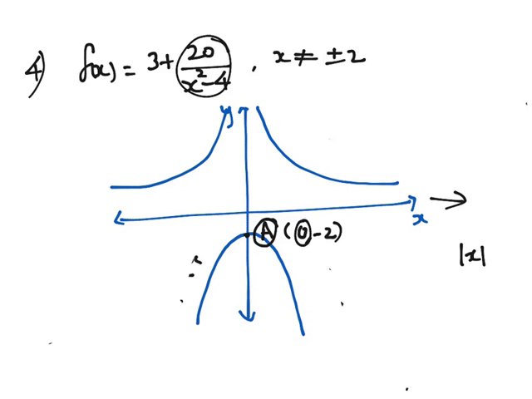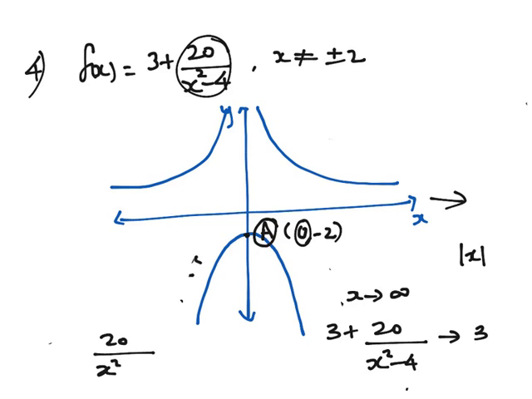Very simple. You can see that as x tends to plus infinity or minus infinity, f of x, that is 3 plus 20 by x square minus 4, will tend to 3. Why is that? Because 20 by x square minus 4 will tend to 0, isn't it?